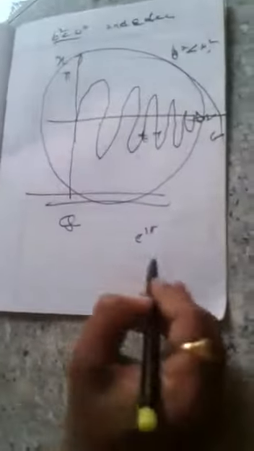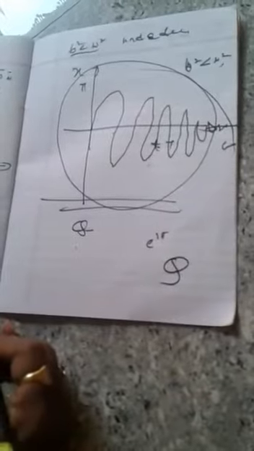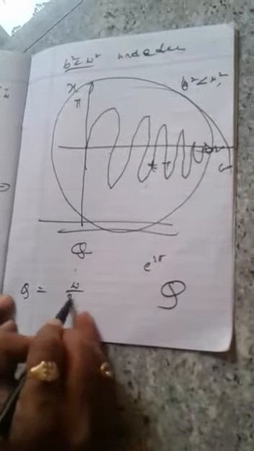Based on this, we will discuss the quality factor. What is the quality factor? The quality factor is the number of cycles required for the energy to fall off by a factor of e to the power of 2 pi. It is denoted by Q. The quality factor describes how much under damping the oscillation has.